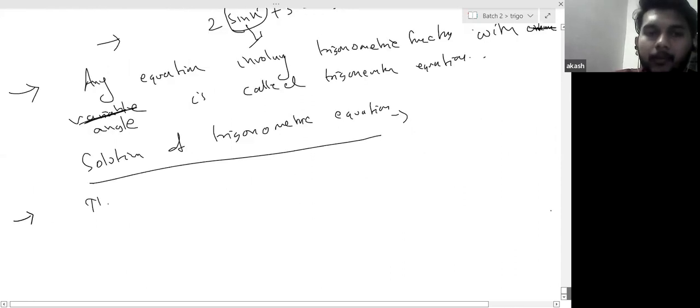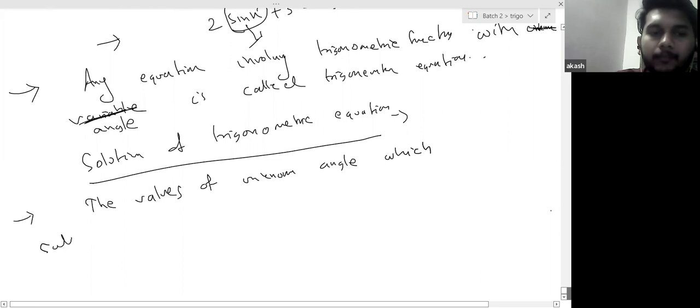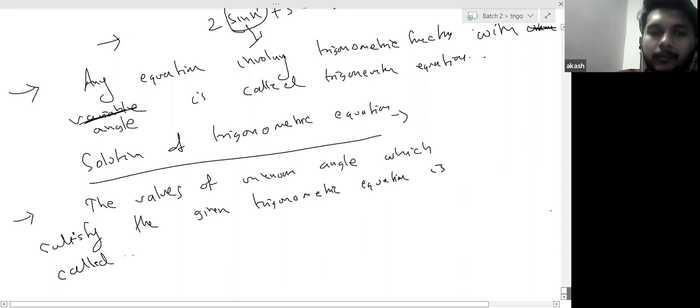The values of the unknown angle which satisfy the given trigonometric equation are called as solution.